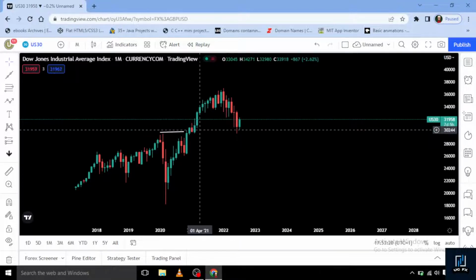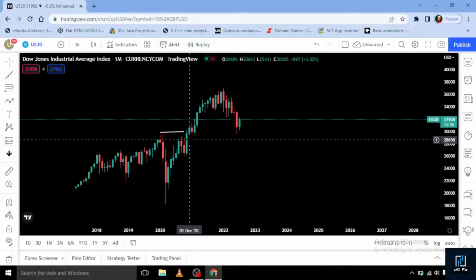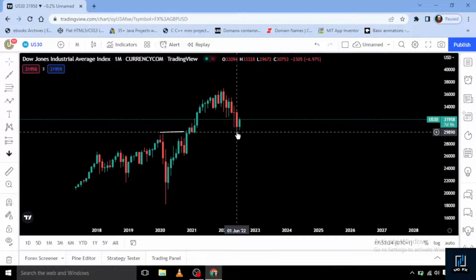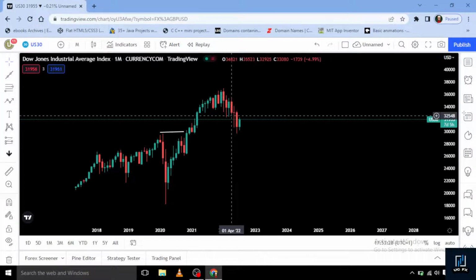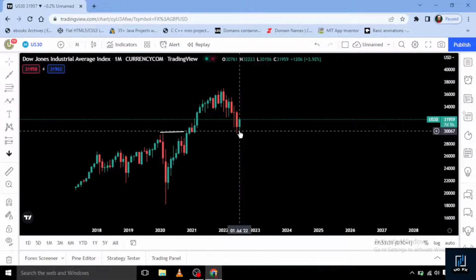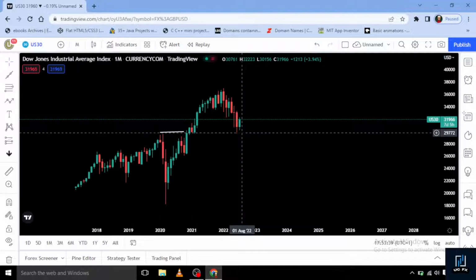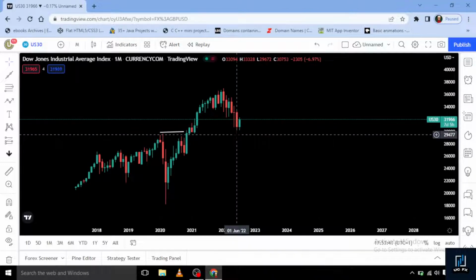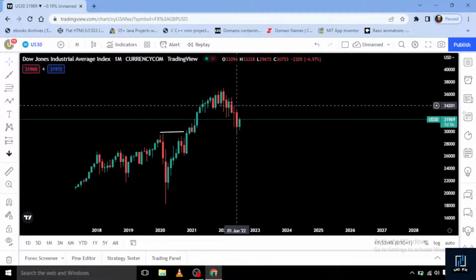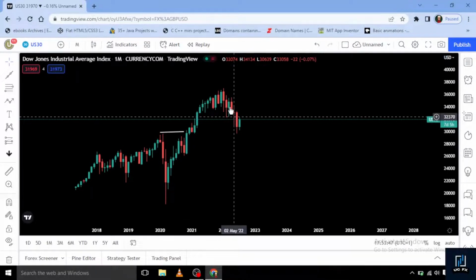So price is actually heading to tap into this area, and we actually have a discount level, just like I said. So here price is actually going to a discount level. So you need to understand and build a story from what this higher time frame is saying. So on this one, the price is about to tap into a discount level. So we had a short-term bearish movement inside this area.